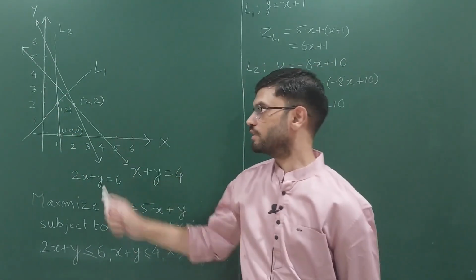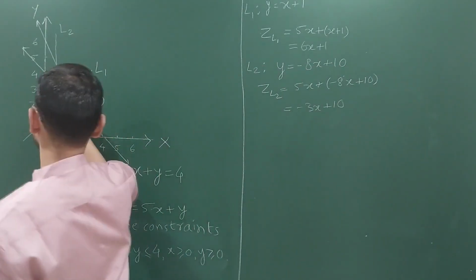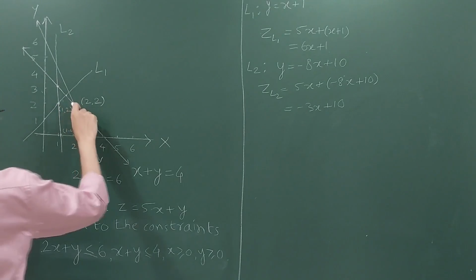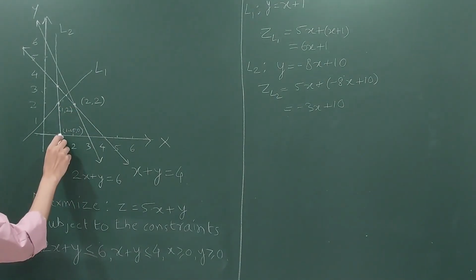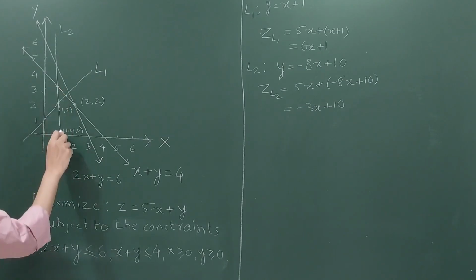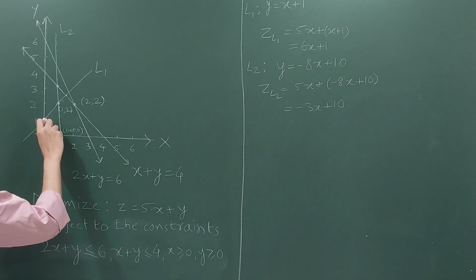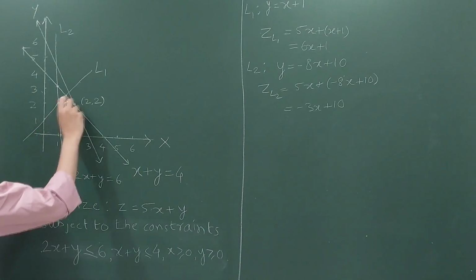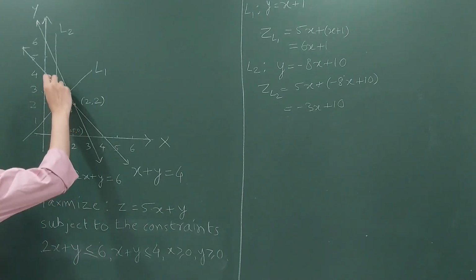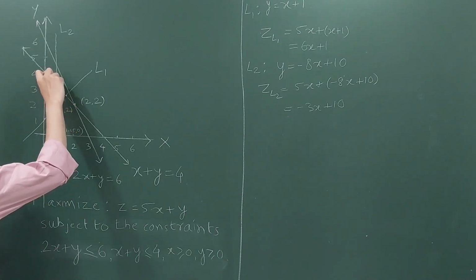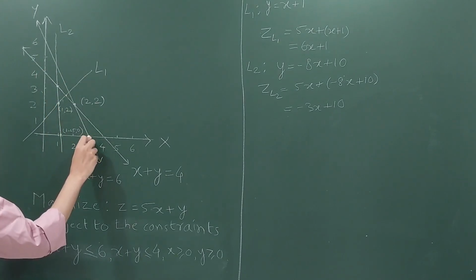Now, why only vertices? How can we get rid of even the edges of the feasible region? Now observe that in the same way as we argued for this segment, and we argued that the objective function increases in either of the directions, in this direction or in this direction, we can argue in the same way for the segments that comprise the feasible region.